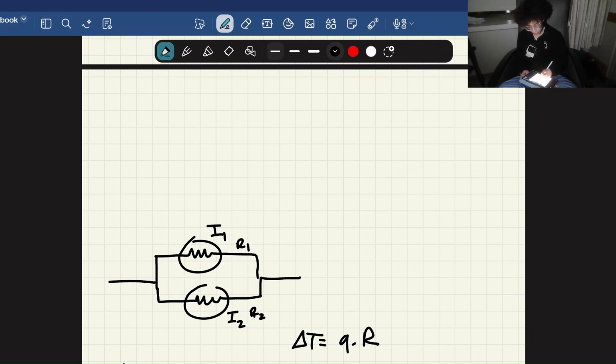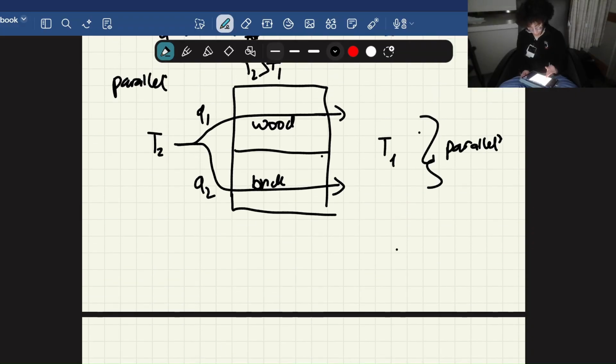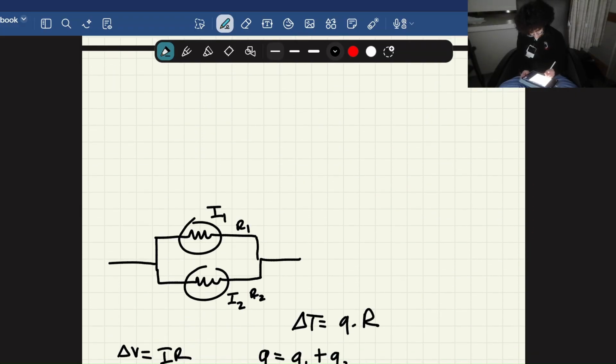So Q1 is equal to delta T divided by the resistance of the wood, and then Q2 is equal to delta T over the resistance of the brick.